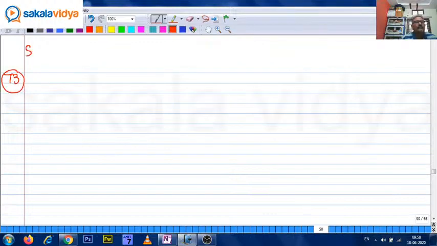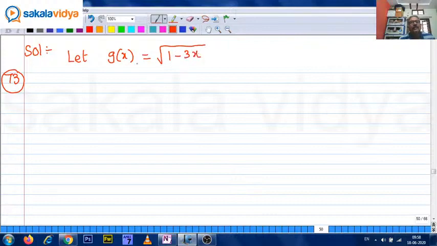73 solution. Let us say g of x function is root of 1 minus 3x. This g of x is defined if 1 minus 3x is greater than or equal to 0. That means 3x minus 1 is less than or equal to 0.